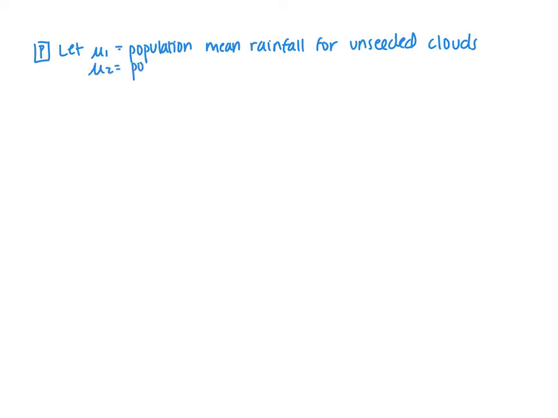Mu2 then is going to be the population mean rainfall for the seeded clouds. Doesn't matter the order that you do. If you wanted mu1 to be seeded, that's fine.